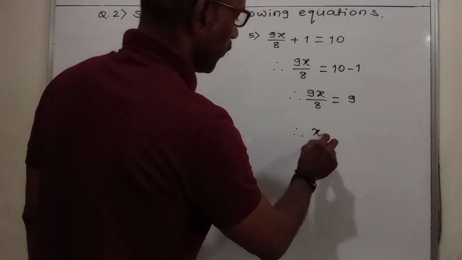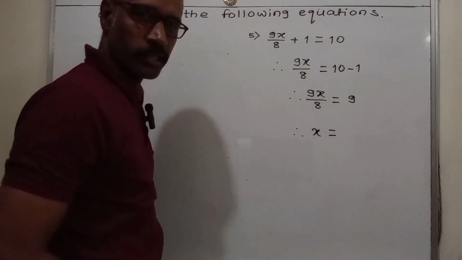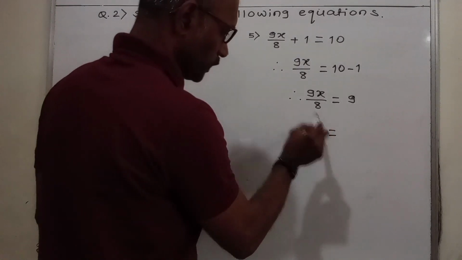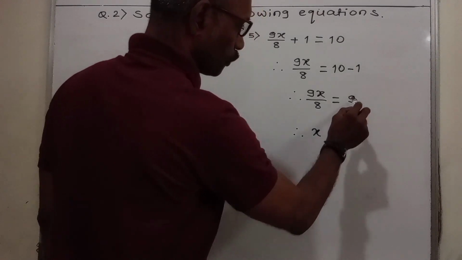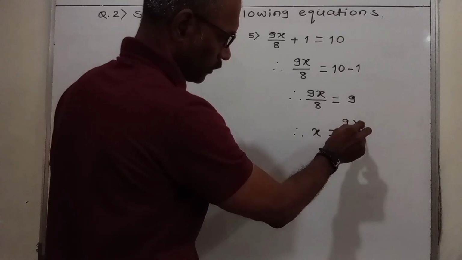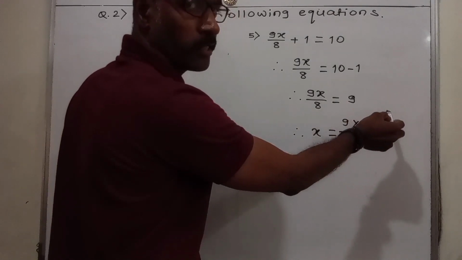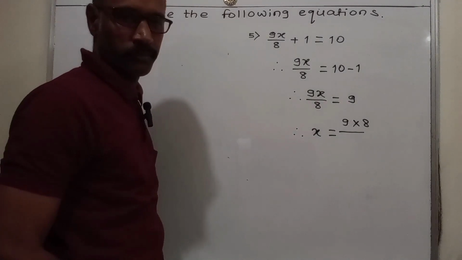We keep this x as it is; we want x positive, so we keep it as it is. See this carefully. Now this denominator comes to the right side and becomes numerator.